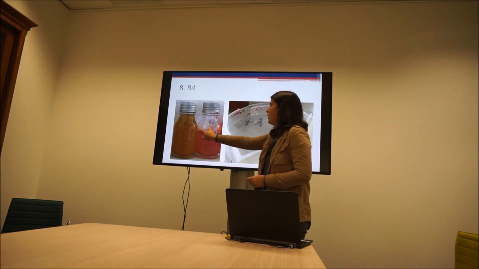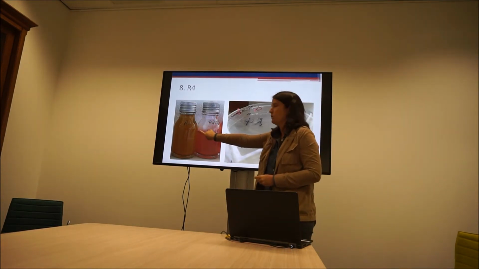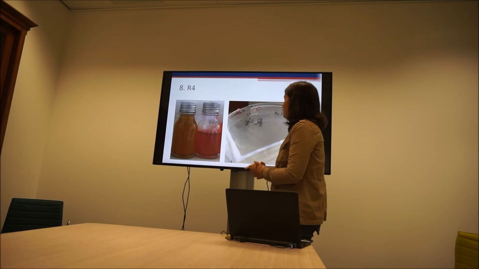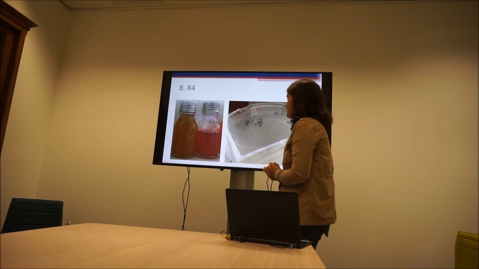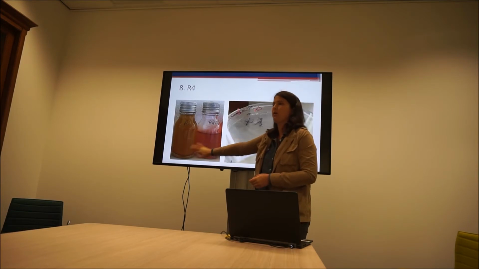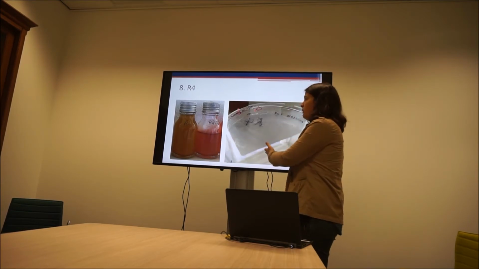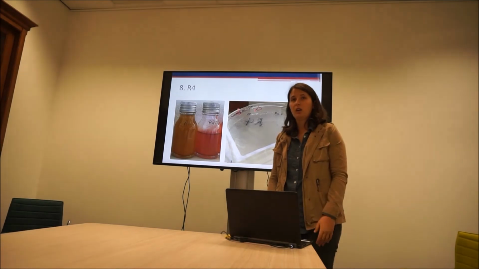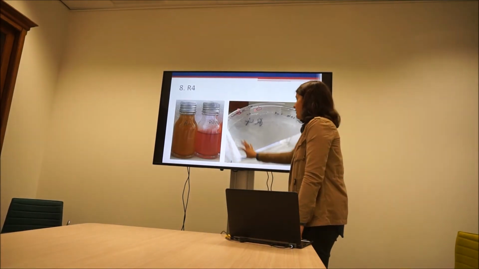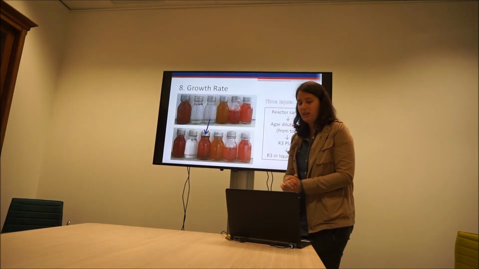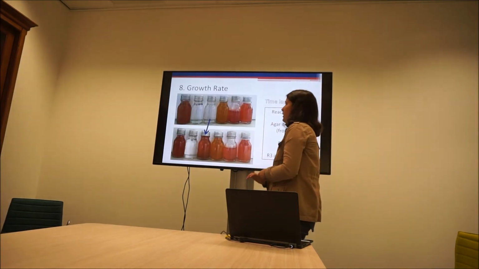You notice right away we did 2 liquid samples for this medium, taken from 2 different locations on the R4 plate, and we got 2 very different colors. What we can conclude from this is that there is a contaminant in R4, so it is not a pure culture at this time.